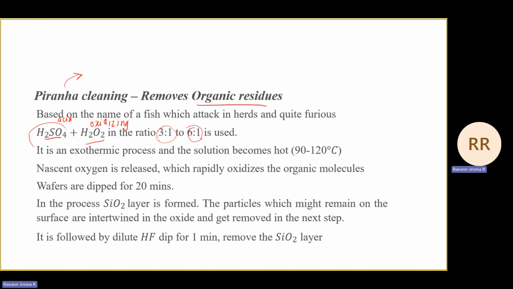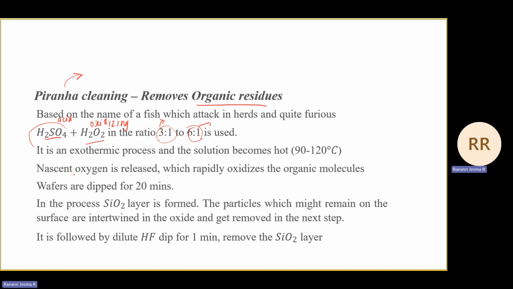in 3:1 we have 1 part of H2O2 with 3 parts of H2SO4. But in 6:1, we have 1 part of H2O2 in 6 parts of H2SO4. So this is highly vigorous piranha, and this is somewhat less vigorous. This process is generally exothermic, so when we mix these two chemicals, the solution becomes very hot.